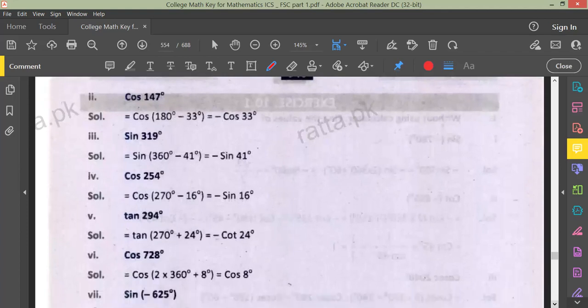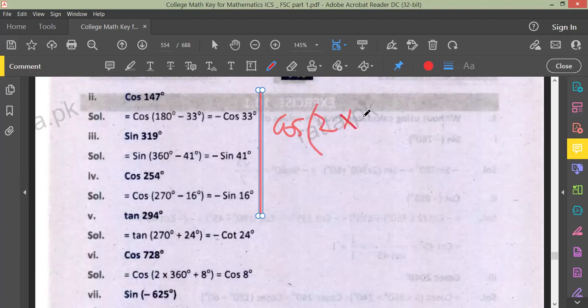Similarly, 147 you can write as cos of 180 minus 33. We know the formula of cos alpha minus beta. After applying it, this will be equal to cos alpha cos beta minus sine alpha sine beta. Or you can write the second method, which was cos of 2 multiplied by 90 minus 33.